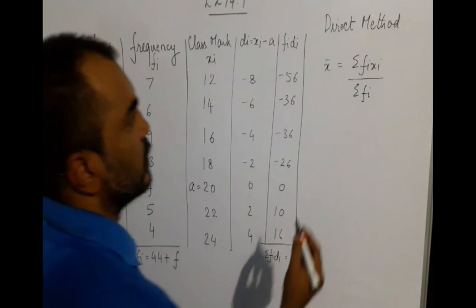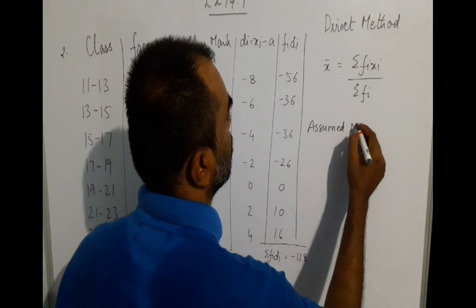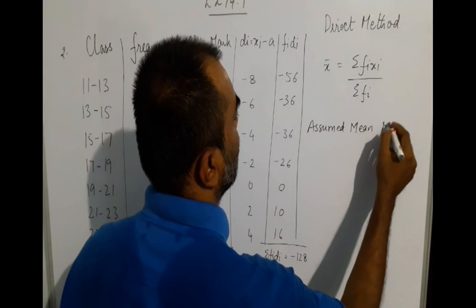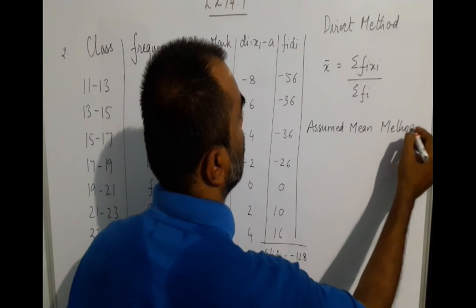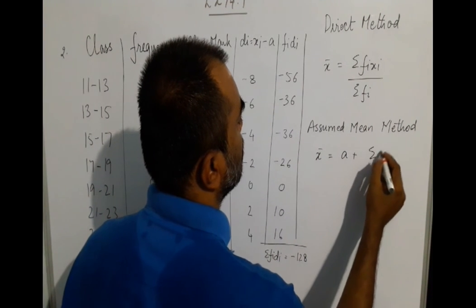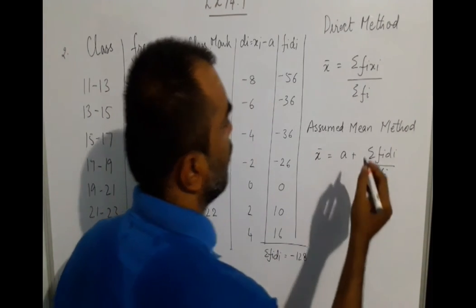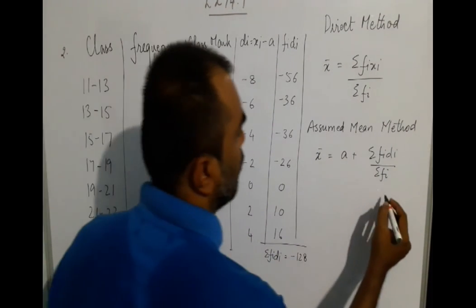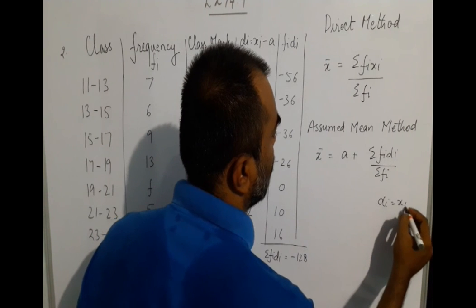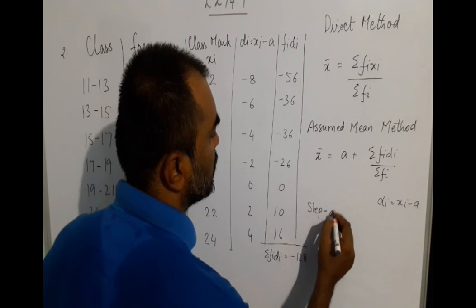Okay, sigma means summation. Then we had the assumed mean method, in which we take the A. In the assumed mean method, the formula was x bar equal to A plus sigma Fi di upon sigma Fi. And what is your di? Di is xi minus A. And the third we have is the step deviation method.